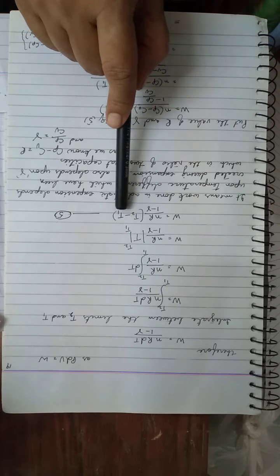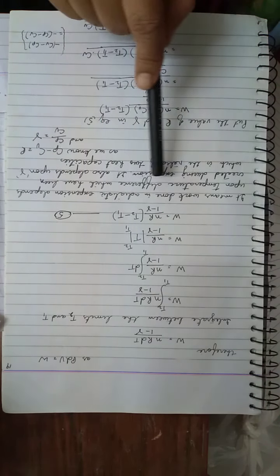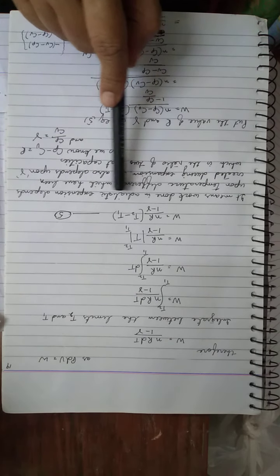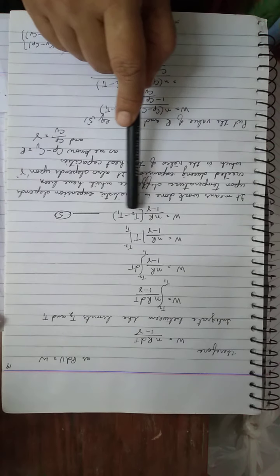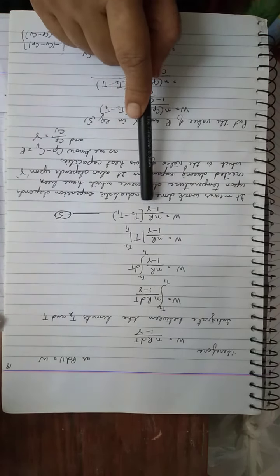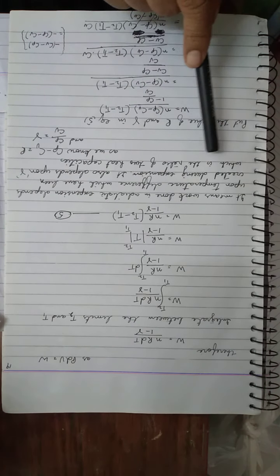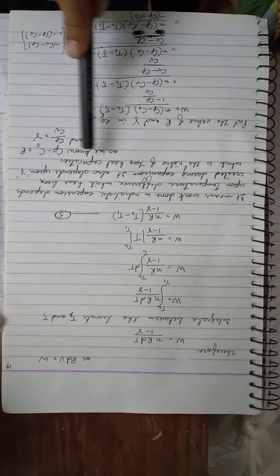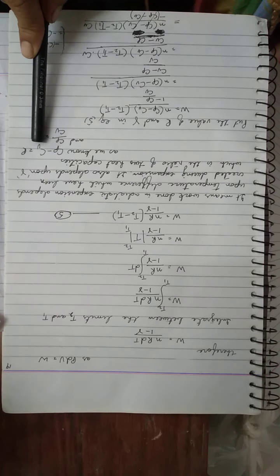The T2 minus T1 indicates the temperature difference when the adiabatic expansion takes place. Similarly, this gamma indicates the ratio of the two heat capacities, Cp and Cv.